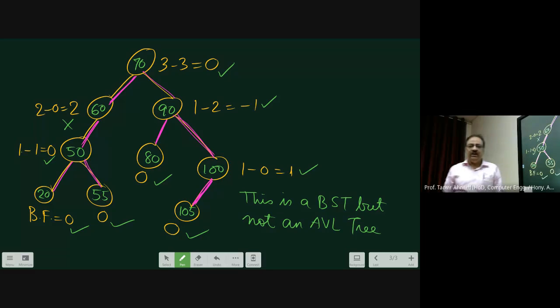This is a BST, but not an AVL tree, because one of the nodes violates the property of an AVL tree.